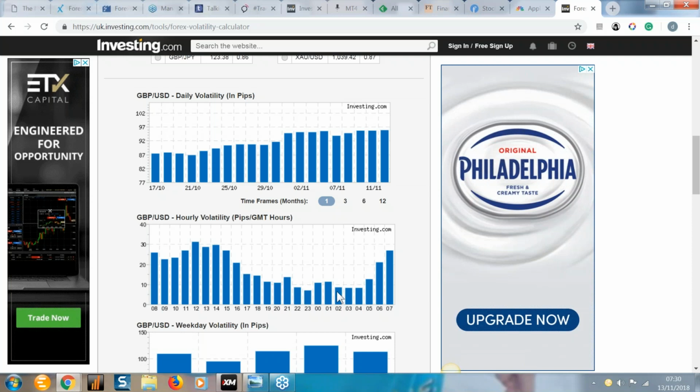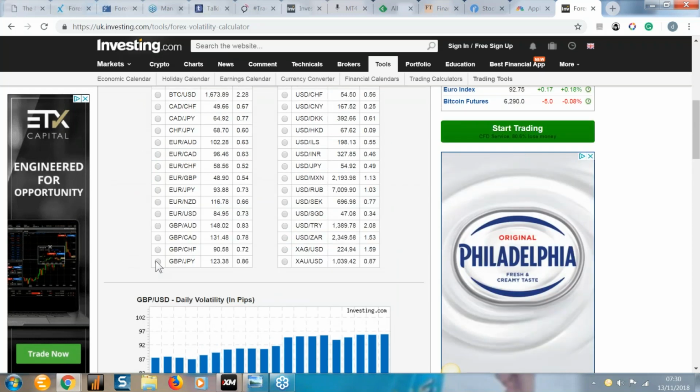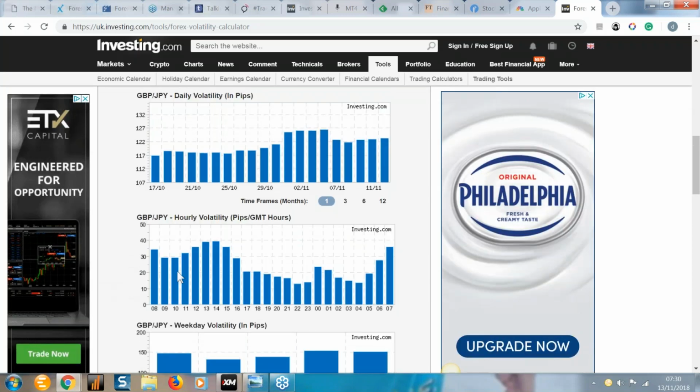It will be the same for euro pound, but if you compare that with the pound yen, it's a little bit more volatile, and you can see here you've got the same pattern, a huge surge at 7 o'clock, 8 o'clock, and again a bit of a tail off overnight, but not so much of a tail off. Why? Because it's got a yen in the pair. It's not against the US dollar.